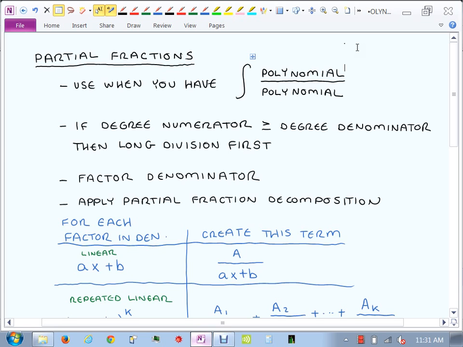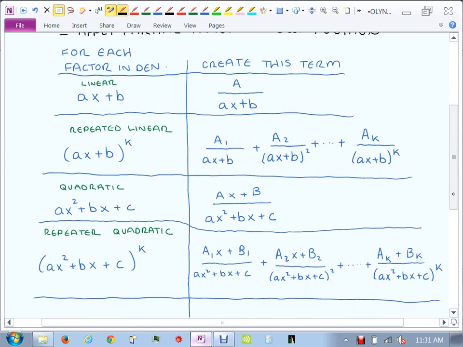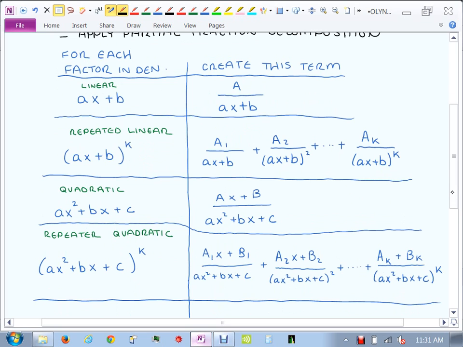Wasn't that what I did a second ago? I took the x squared plus 7x minus 8 and we factored it, right? And then apply partial fractions. Now I have this table that's just going to look terrible. Look at the top left corner of this table. It says for each factor in the denominator. Remember our factors were x minus 1 and x plus 8.